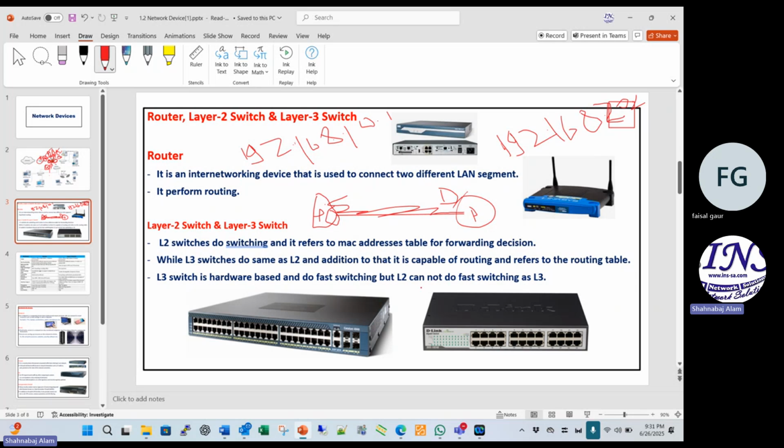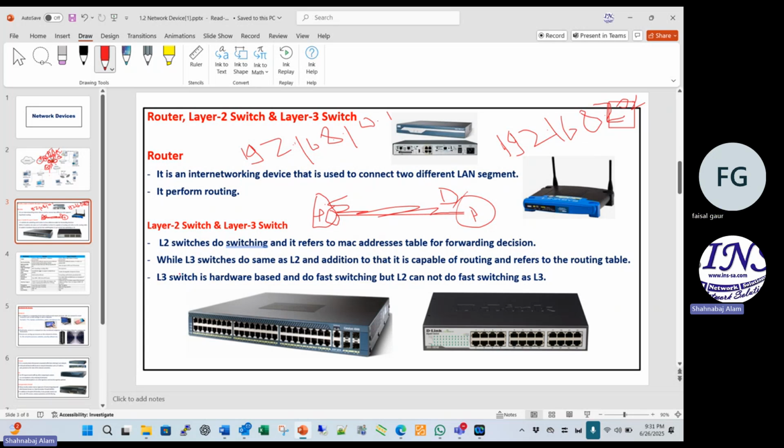Layer 2 works on the MAC address, where data is sent as a packet, and on layer 3 data is sent based on IP. So there is a big difference between layer 2 and layer 3, and layer 3 has a lot of features.